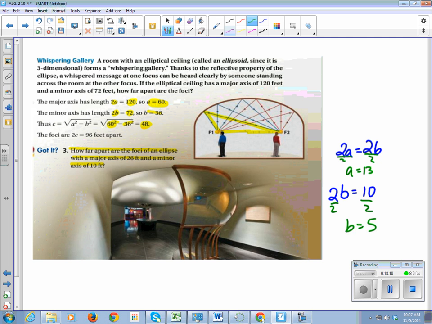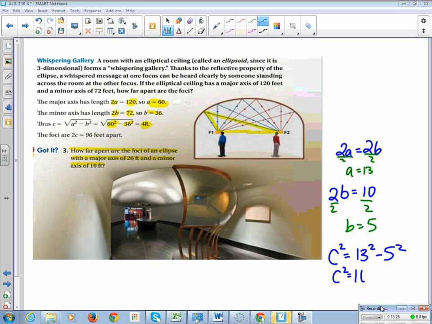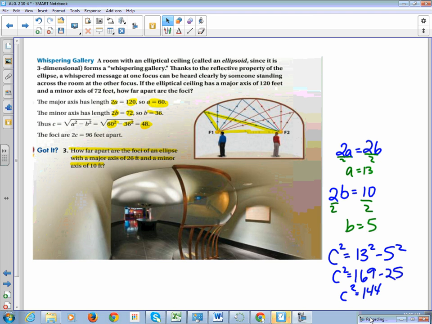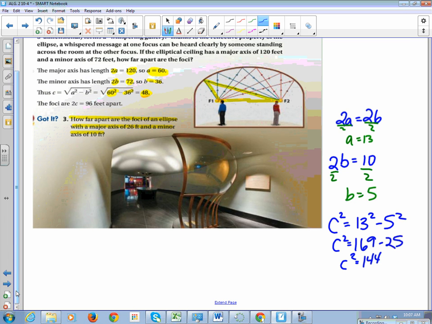The foci distance of one focus, c squared, is a squared minus b squared. And 169 minus 25 is 144. So c has to equal 12.